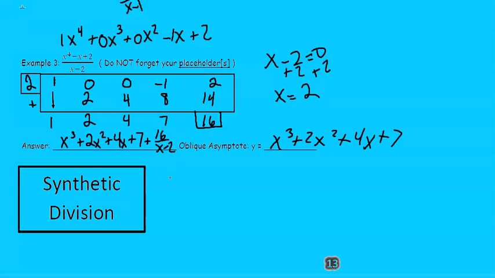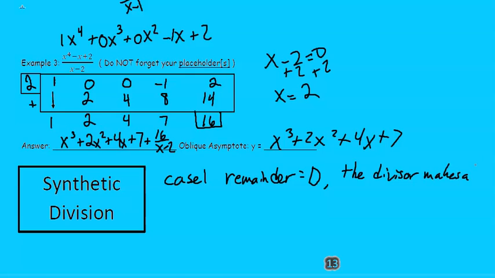So remember the two cases. Case 1, when the remainder equals 0, the divisor is a hole, and there's no oblique asymptote.